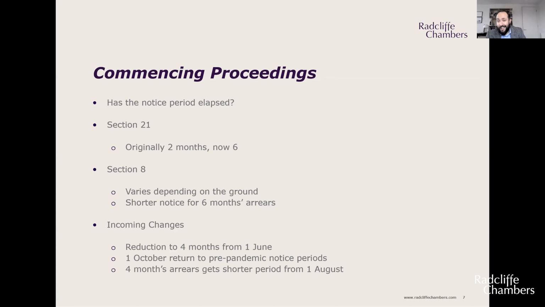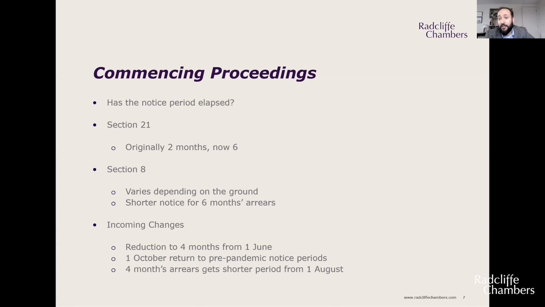So ground 7A, serious antisocial behaviour, is 4 weeks. For rent arrears under grounds 8, 10 or 11, it's 6 months if the rent due is less than 6 months in arrears, or it's 4 weeks if there's 6 months or more outstanding. And finally, in relation to a tenancy given because of a false statement, it's a 2-week notice.